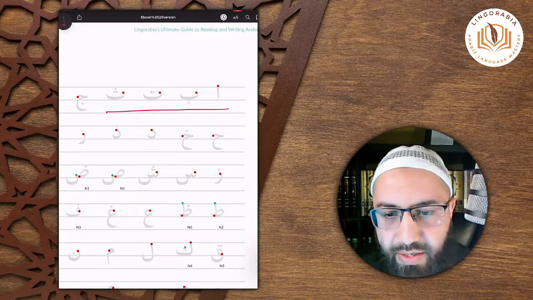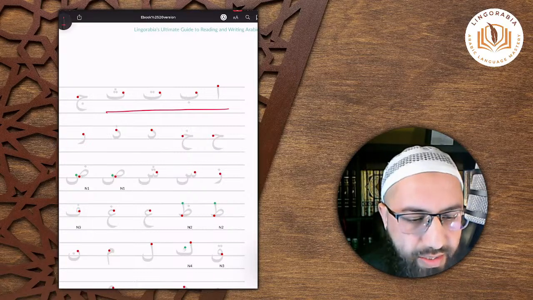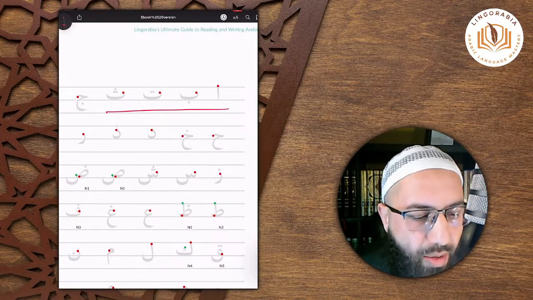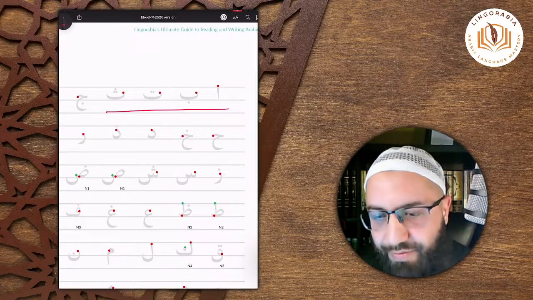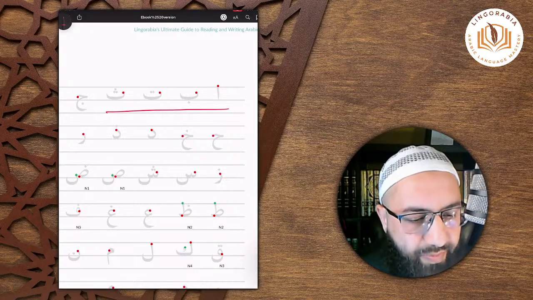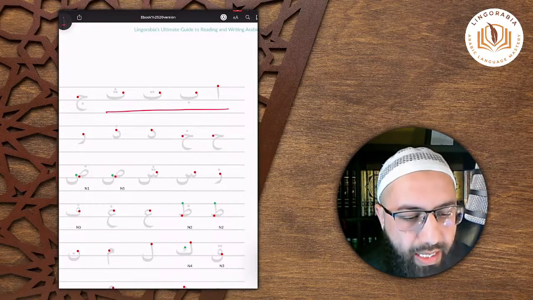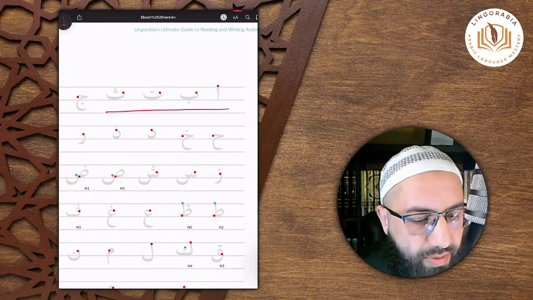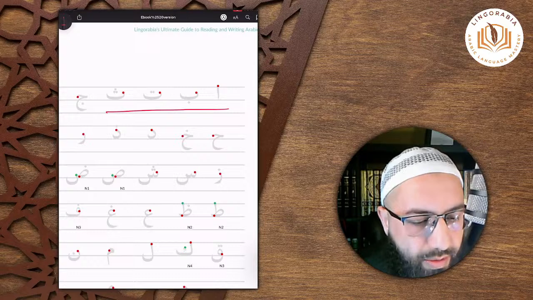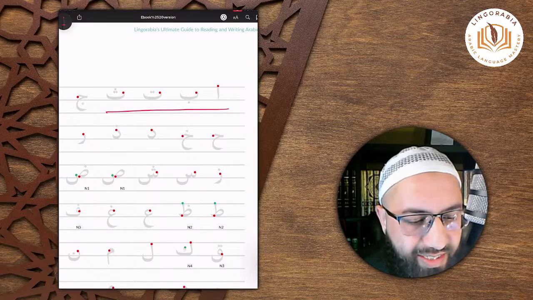I see some good answers. Ammar says, from up to down and right to left. Let's see what other brothers and sisters say. Top down and right to left. Also here, right to left, says Amir. Correct.